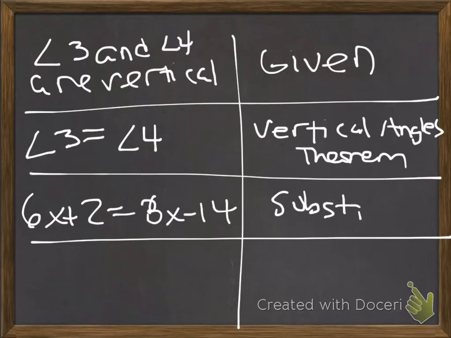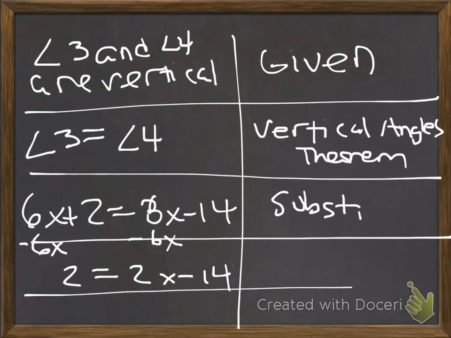And then we're going to solve. So we need to combine like terms here. You can either use the addition property or the subtraction property or both. So we have 2 equals 2x minus 14. That was subtraction for me. Then we continue to solve.